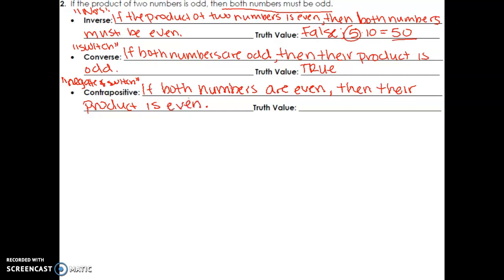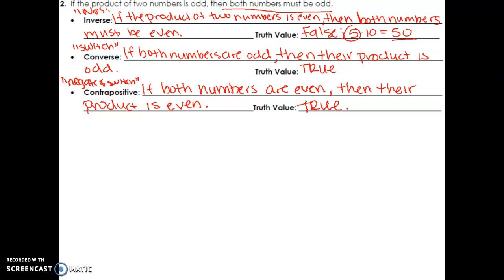Or you could say not odd, but we have a word for that. Come on, y'all. And the truth value to that then is actually true. So 2 times 2, 4, 10 times 2 is 20. I don't know. 4 times 4 is 16. This is actually true. If you don't believe me, go search for it.